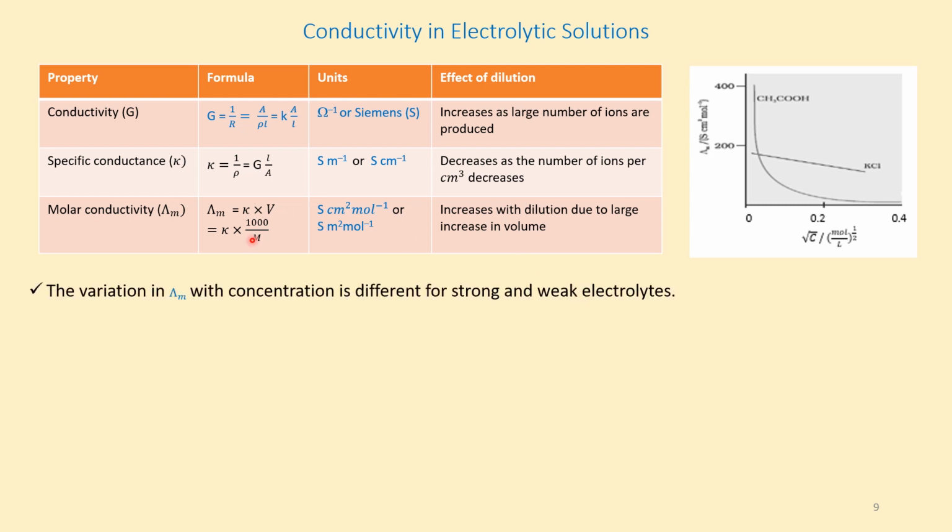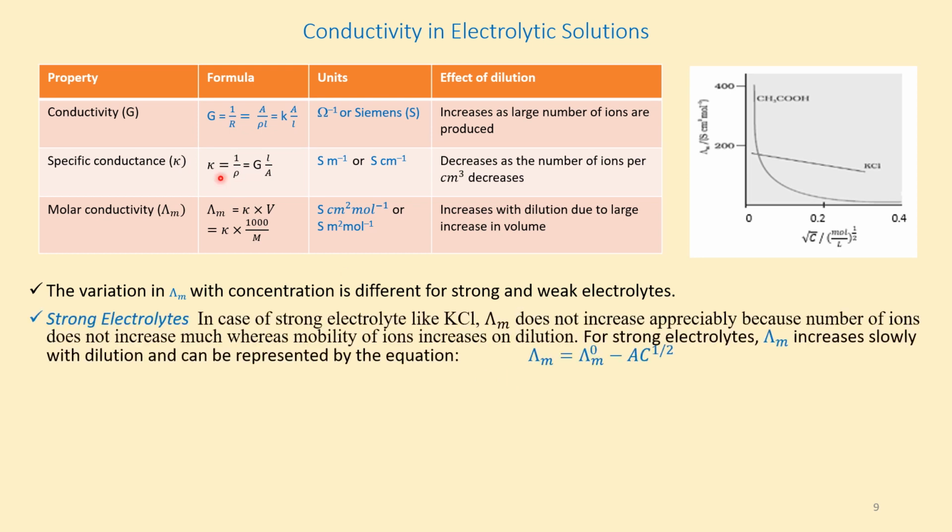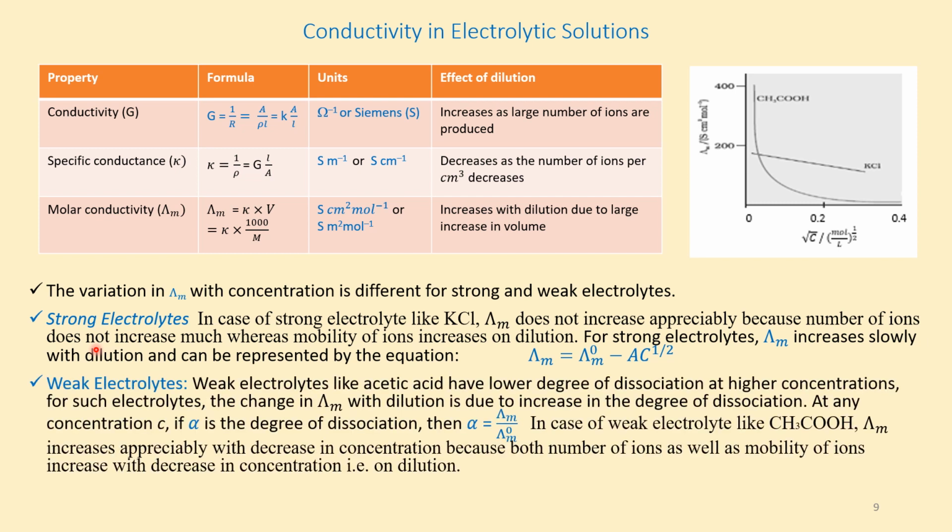Hence, the variation of lambda m with concentration is different for strong and weak electrolytes. In the case of strong electrolytes, lambda m increases slowly with dilution and can be represented by the equation lambda m is equal to lambda m naught minus A into C to the power of half.